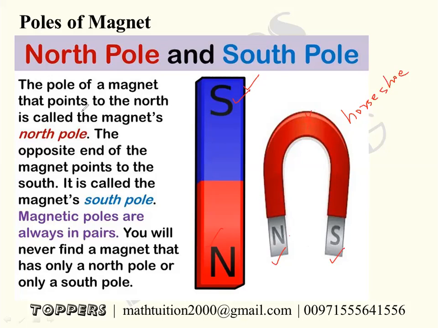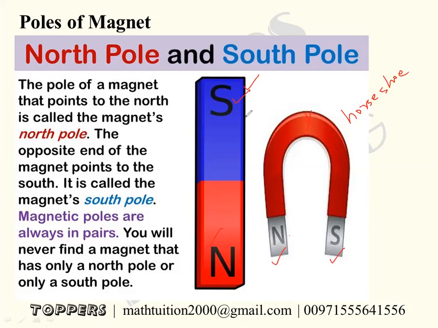The pole of a magnet that points to the north is called the magnet's north pole. The opposite end of the magnet points to the south and is called the magnet's south pole. Magnetic poles are always in pairs. You will never find a magnet that has only a north pole or only a south pole.